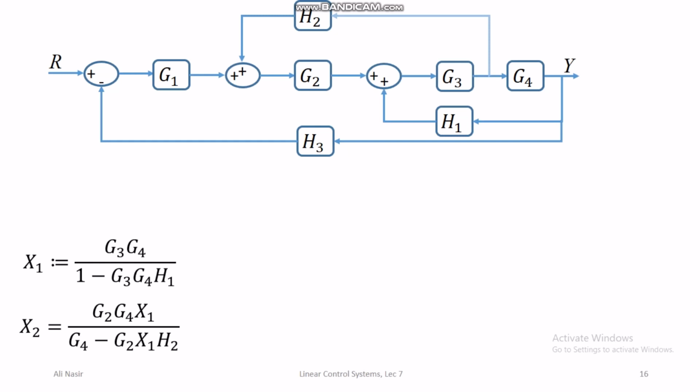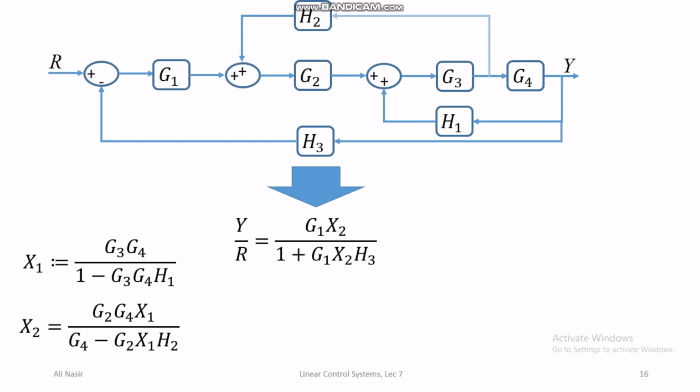This is the original block diagram that we had initially, that we manipulated. And this block diagram has the same transfer function that we found in the previous slide, which is y over r is equal to g1 x2 divided by 1 plus g1 x2 h3.